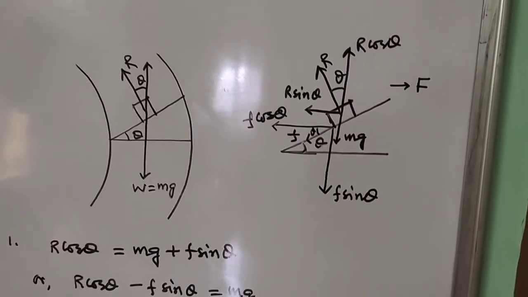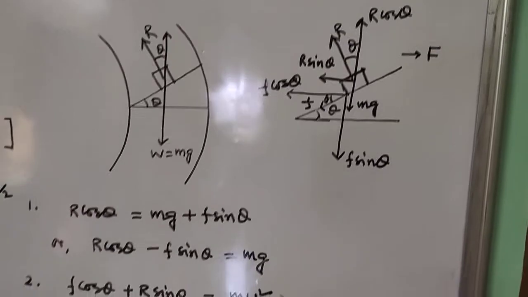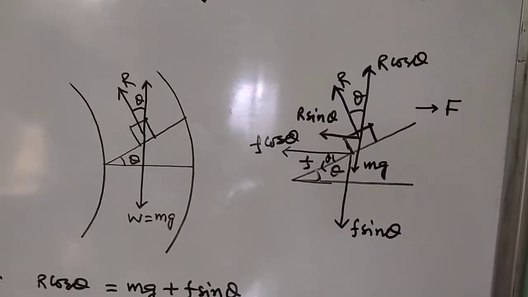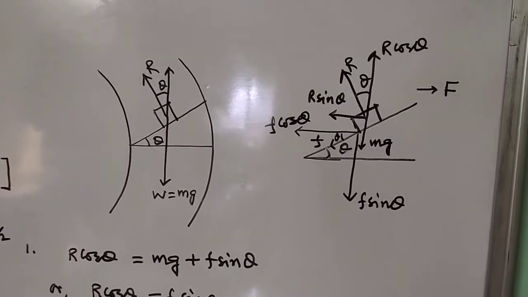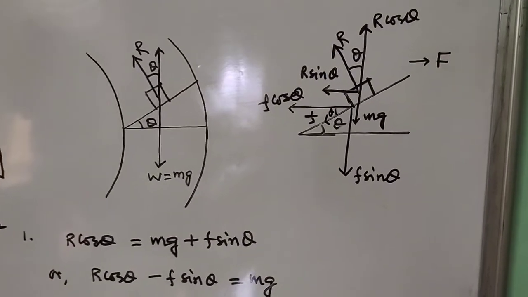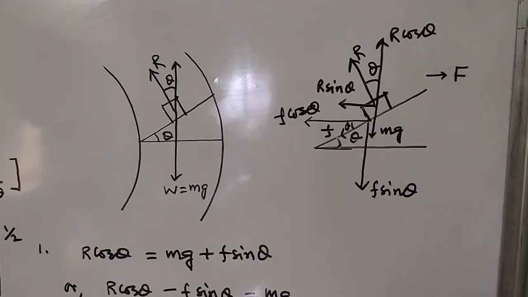Number 2 equation, some forces act towards the center of the curved road, that is R sin theta and F cos theta, and capital F is the force exerted by the engine of the vehicle, and it tries to take the vehicle away from the center. So it is nothing but your centrifugal force, and already we have defined centripetal force.